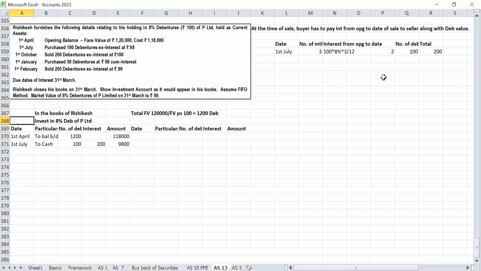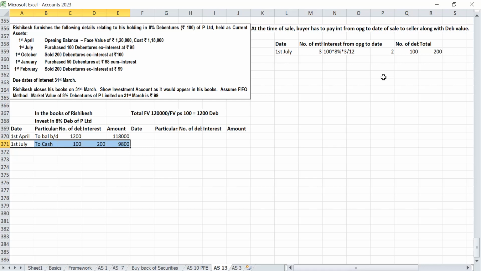Then, Bharat, repeat the transaction on 1st July. On 1st July, purchased 100 debentures, ex interest at 98, sir. Number of debentures 100. Number of months, 3 months, April, May, June. 100 into 8% into 3 by 12, interest is 2, sir.